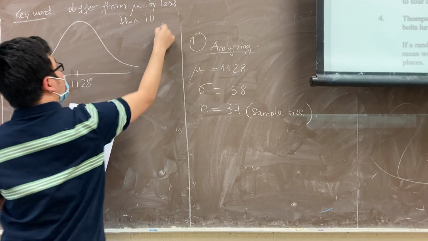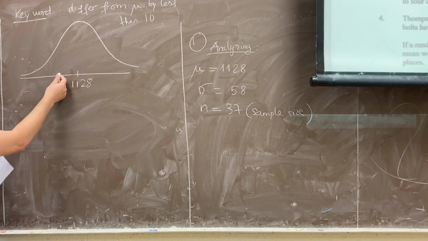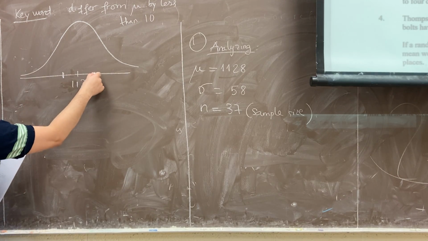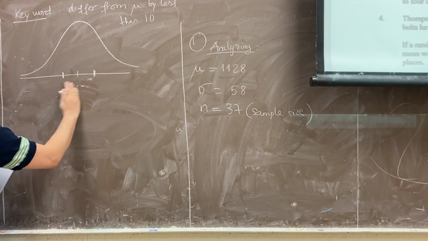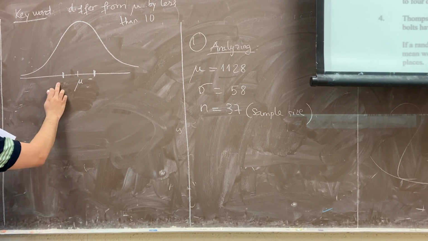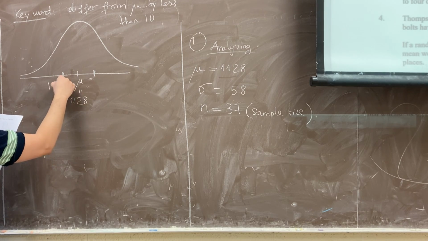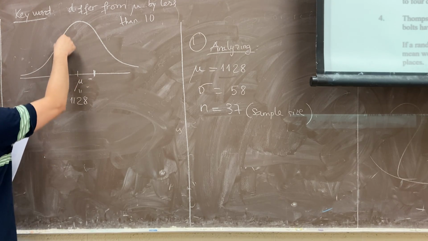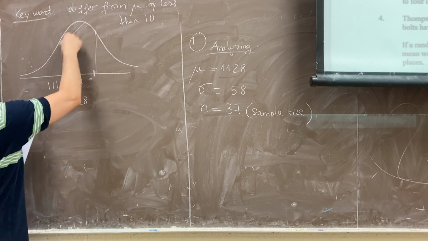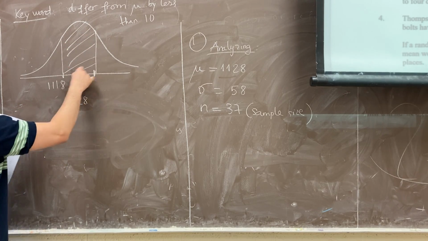That means we need to find the probabilities from mu minus 10, which is 1118, to this value.